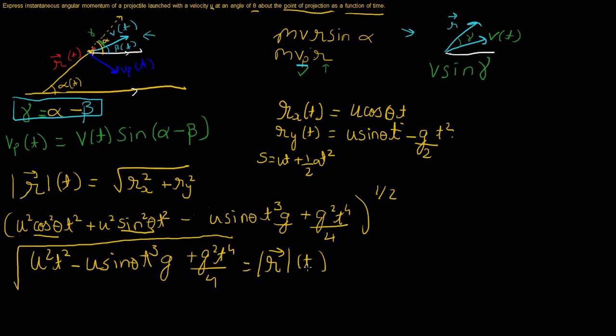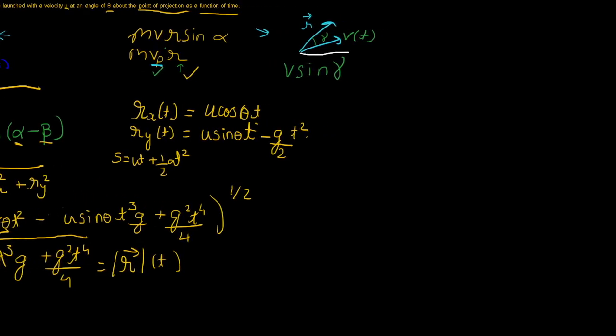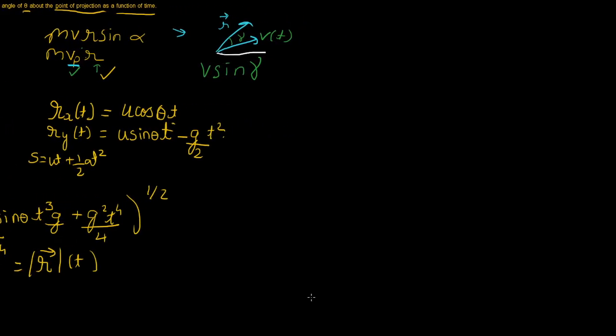Now we have achieved even this, but we just got this in terms of alpha and beta. We know that alpha and beta are also going to vary with time. Now let us see how alpha and beta vary with time. What is alpha? Alpha is the angle made by the position vector.